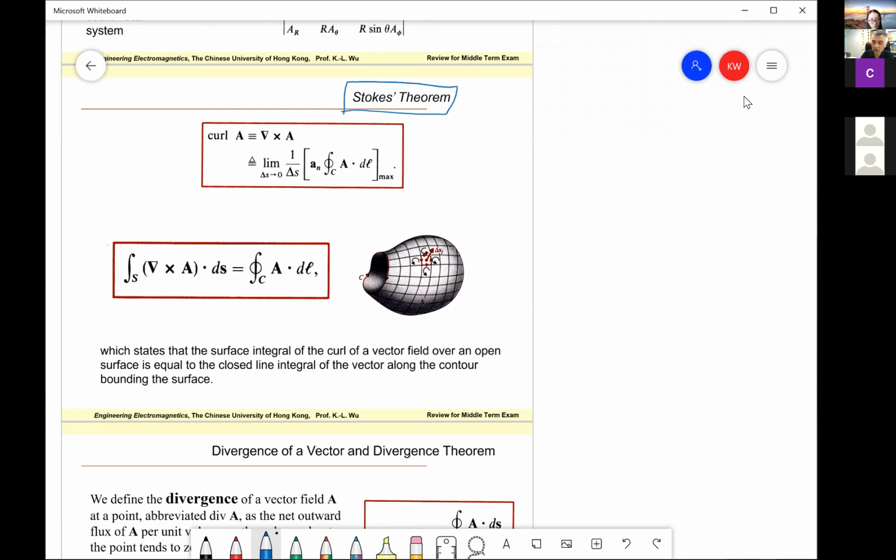Stokes theorem means if you do a surface integration to calculate the flux of a vector over a surface, and this vector, say vector B, can be expressed in terms of the curl of another vector, then the surface integration can be calculated by doing a line integration. This is what we call Stokes theorem.